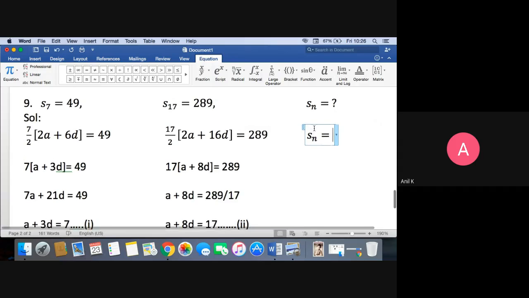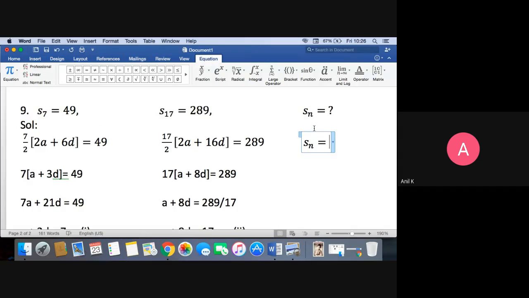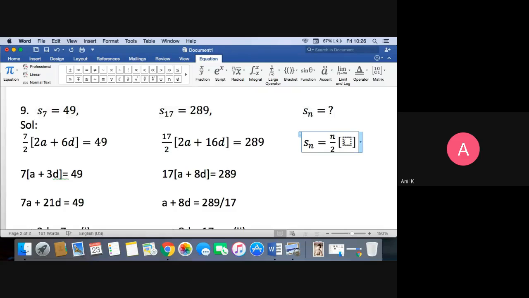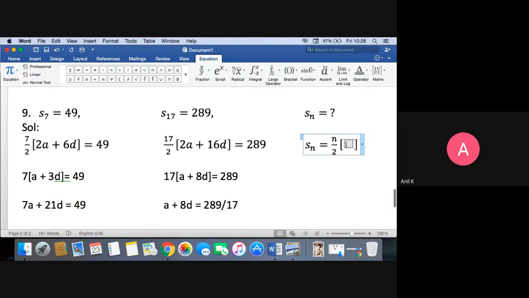So formula is Sn equals n by 2, because here they ask to find the nth formula. So n will remain n only. n by 2, 2a, a value I got as 1. So 2 into 1 is 2 plus n minus 1.